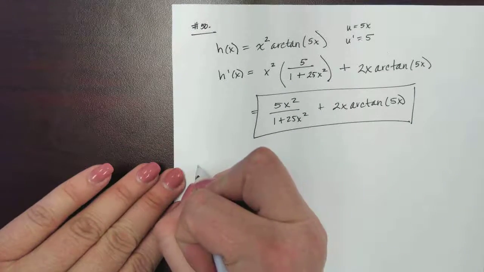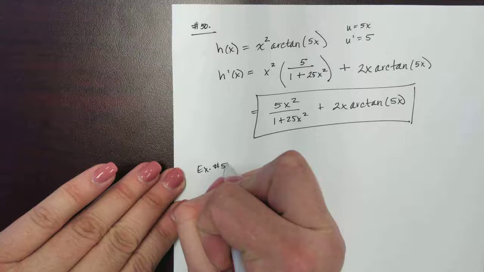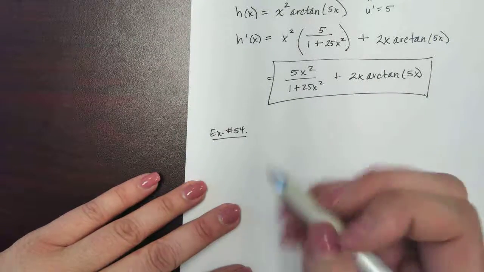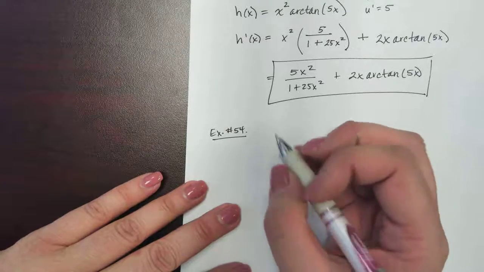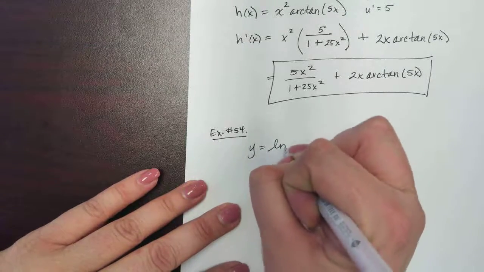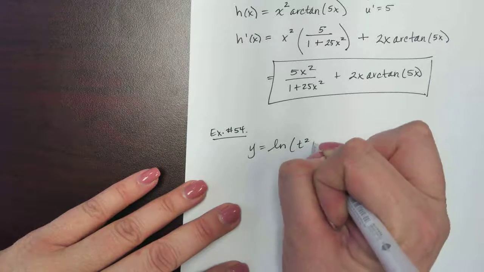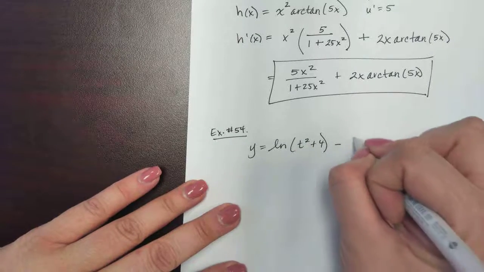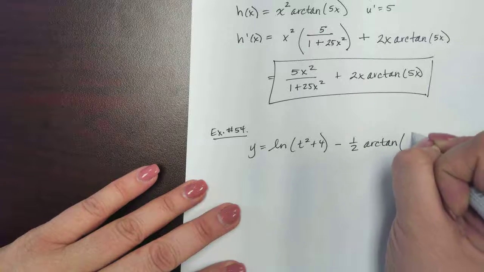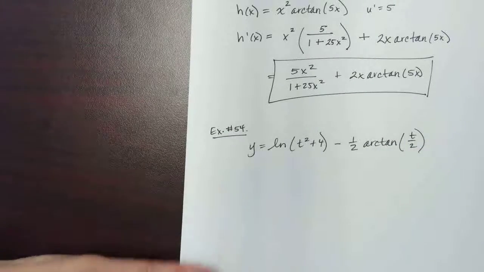Okay. Let's look at example number 54. I have two more examples, this one and one more. So another bell's going to ring, but maybe we can, okay. y equals natural log of t squared plus 4, minus 1/2 arctangent of t over 2.